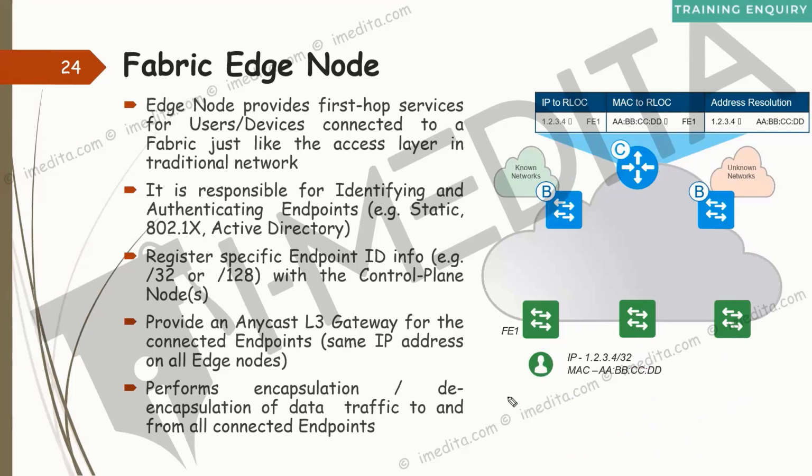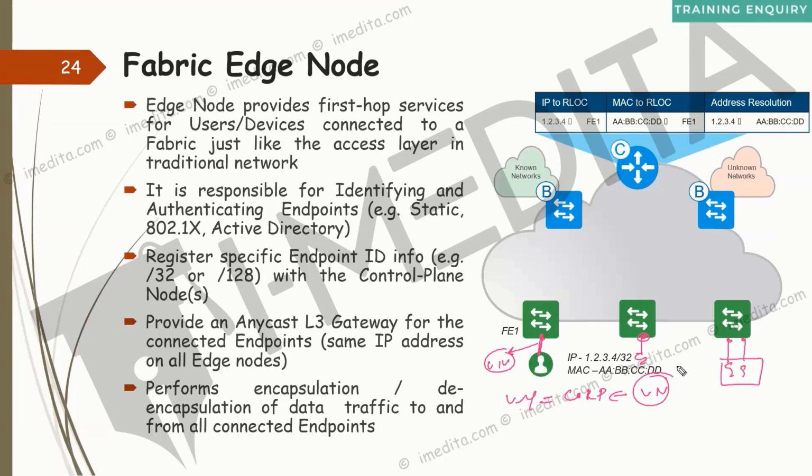Let's say we have created a VRF called Corp. In terms of SDA, we call that a VN, virtual network. In this VN Corp, we have our corporate users. So this is one interface that is going towards a corporate user, part of the VN Corp. Same here as well.